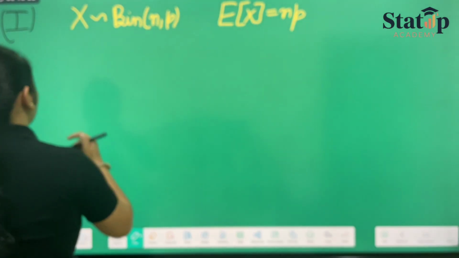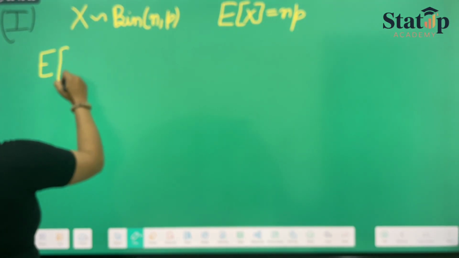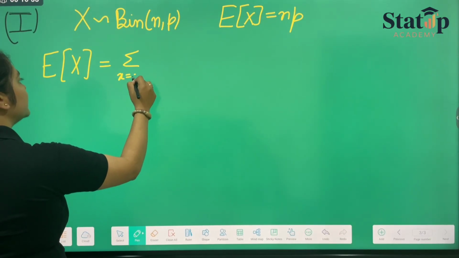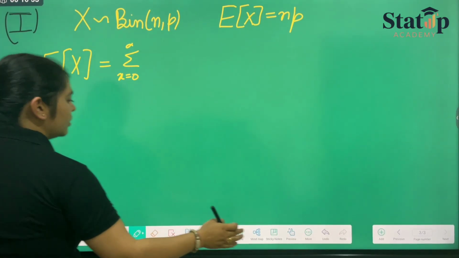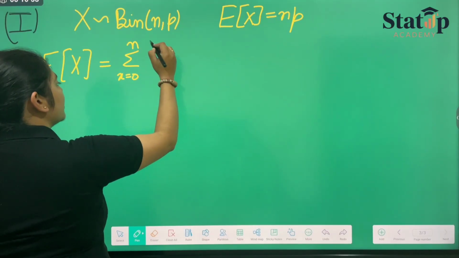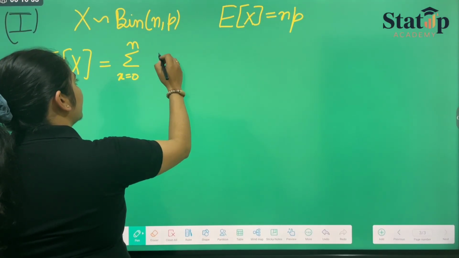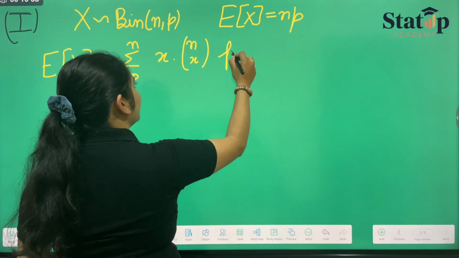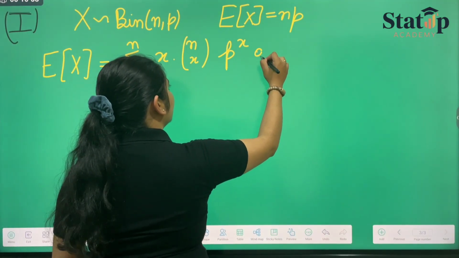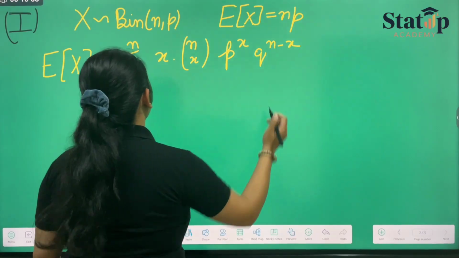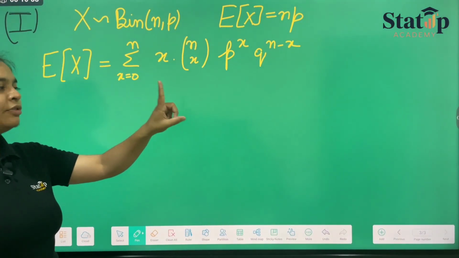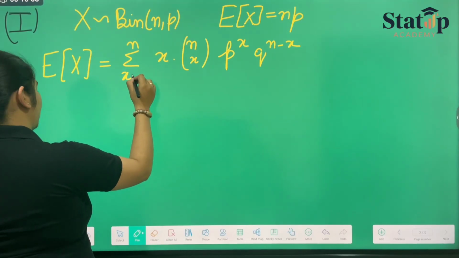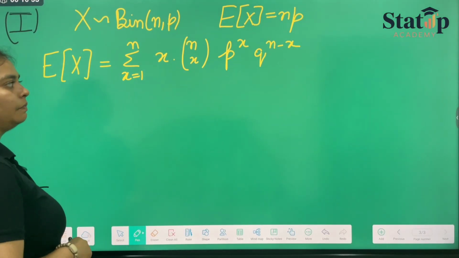So when we talk about expectation of x, this will be summation x goes from 0 to n, not infinity, it is n, of x into nCx p raised to the power x and q raised to the power n minus x. But if we take x as 0, then the first term will be 0. So instead of writing x goes from 0 to n, we can write x goes from 1 to n.